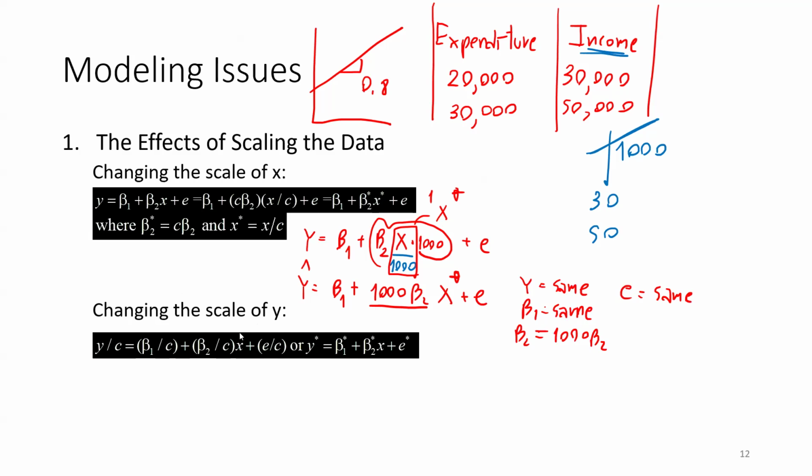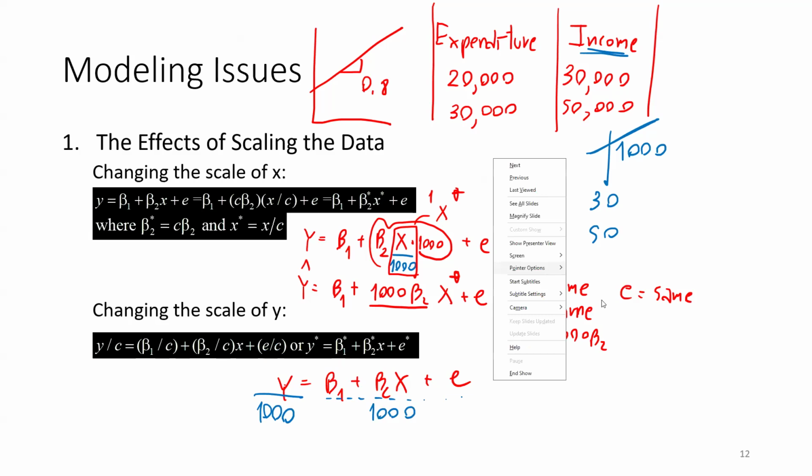And then what happens if we change the scale of y? Of course, we do the same thing. Y equals beta 1 plus beta 2 x plus error. And then one day, the professor tells you, please divide y by 1000 and make it again. So after you divide by 1000 on the left, you have to divide by 1000 on the right as well.